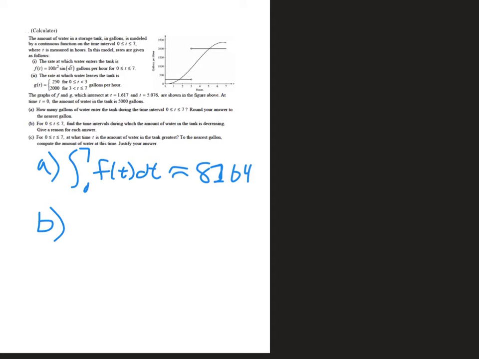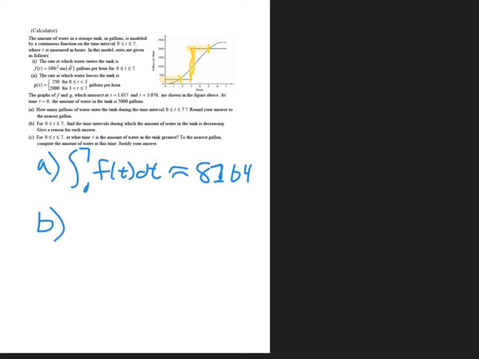And so we've got this chunk here where the rate out is greater, and then we've got this chunk here where the rate out is greater. So right here at 3, we kind of switch, and then at this value here and this value here, we switch.